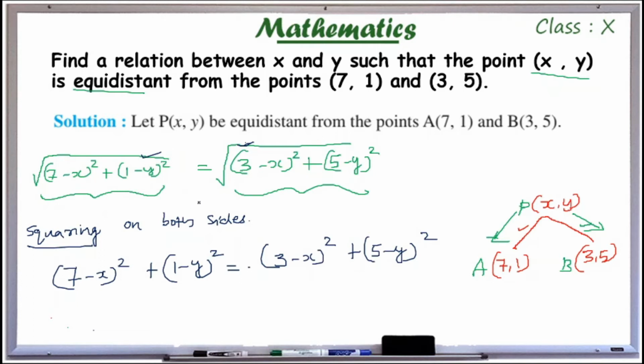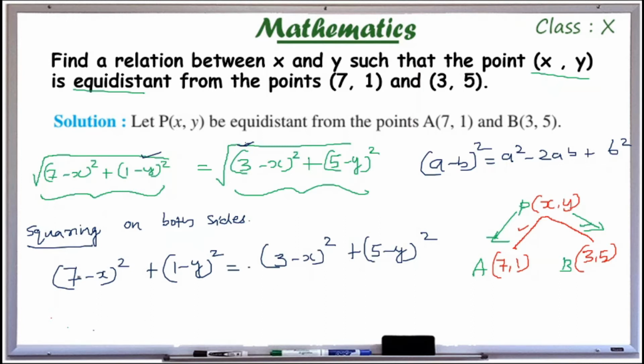Now we expand. These are all of the form (a minus b) all square. So (a minus b) all square is equal to a square minus 2ab plus b square. So by using this identity you have to expand.